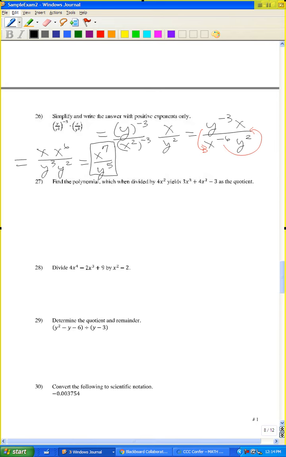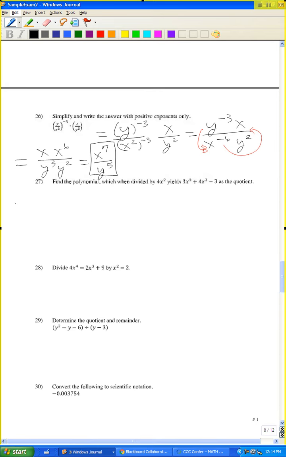Problem 27. Find a polynomial which when divided by 4x yields 3x cubed plus 4x squared minus 3 as the quotient.